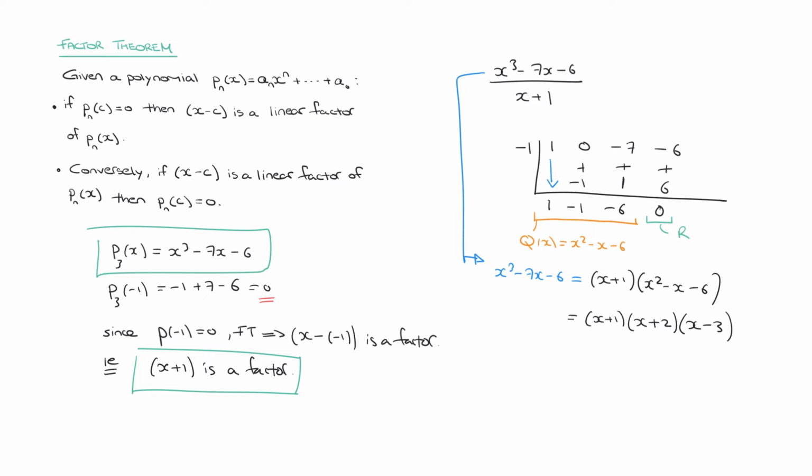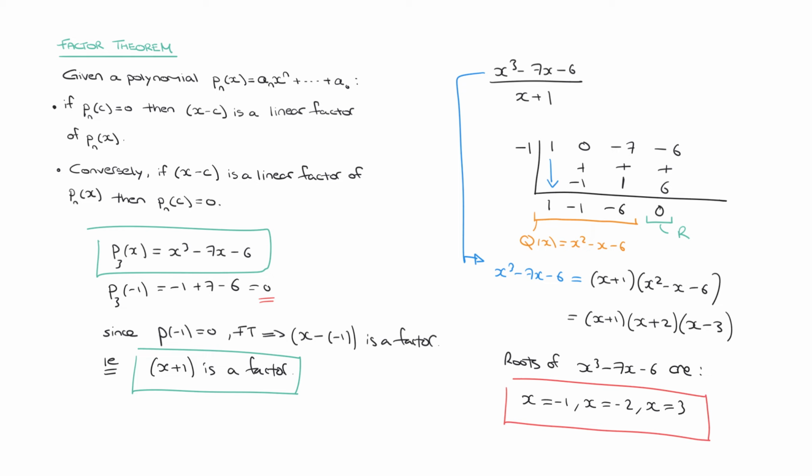And that allows me to quickly state that the roots, or the zeros, of x cubed minus 7x minus 6 are x equals negative 1, x equals negative 2, and x equals 3. You can see that I got particularly creative when I came up with this example. Right? Done.